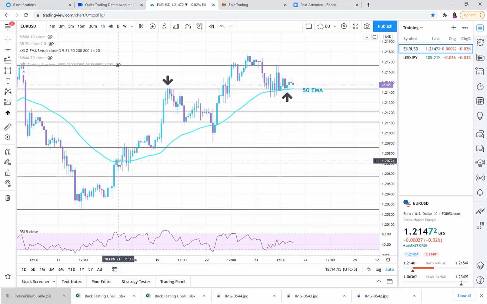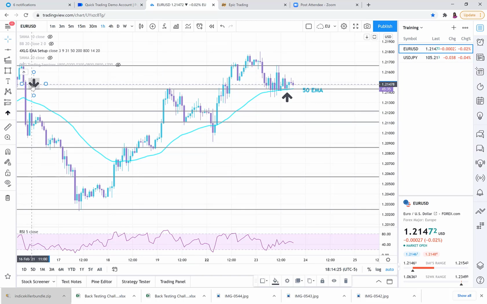And we want to pay attention to when price moves through the 50 EMA. So, starting from here, price definitely broke through and we were in sell territory. Here, price broke through the EMA.